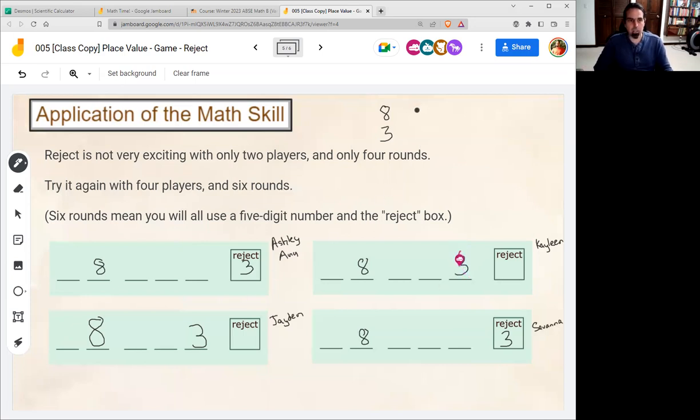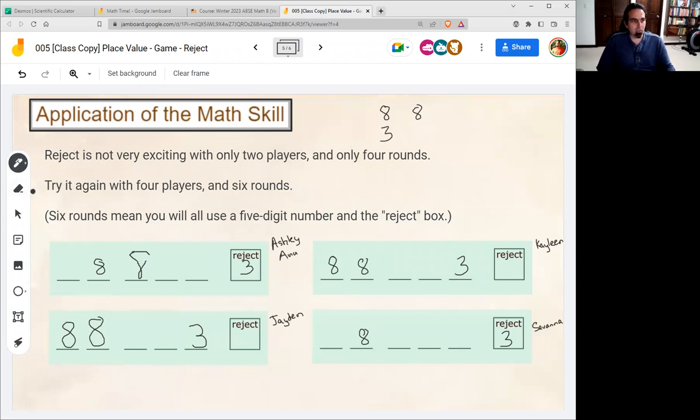Now we have another 8. There, an 8. Okay, Ashley Ann is holding on for a 9 to try and win.